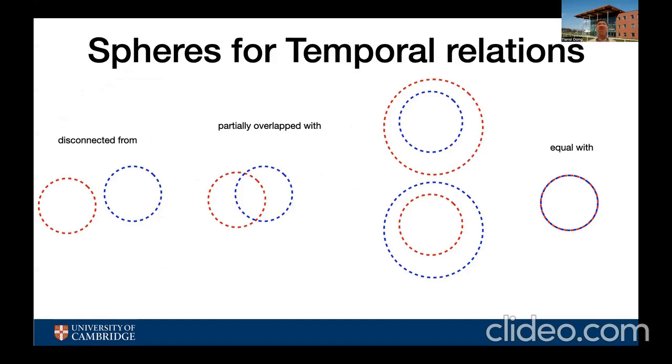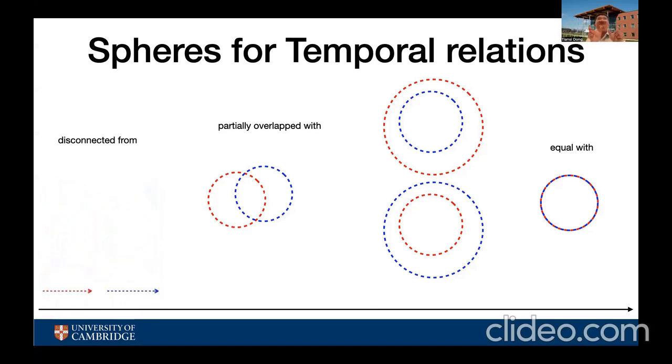Now we move on to using spheres to define temporal knowledge. We start from the 5 basic topological relations between spheres, and we introduce the arrow of time as a 1D axis with an orientation. We project this sphere onto this 1D axis, and the sphere or shape becomes a segment.